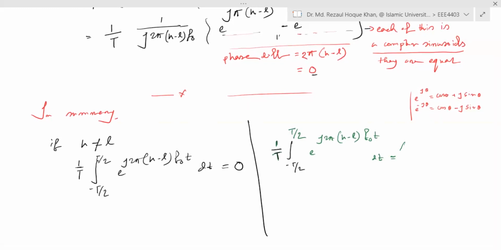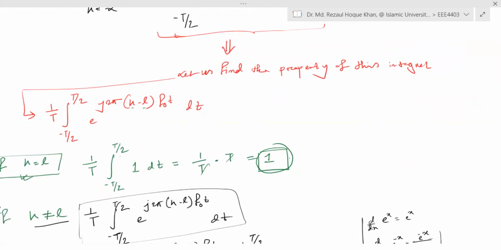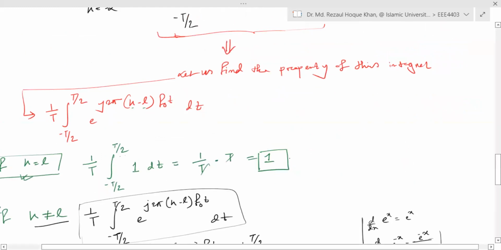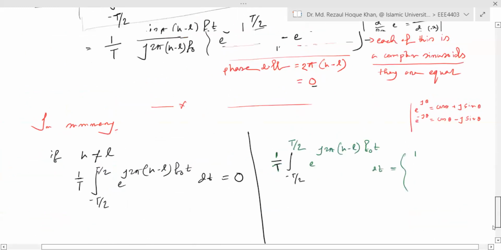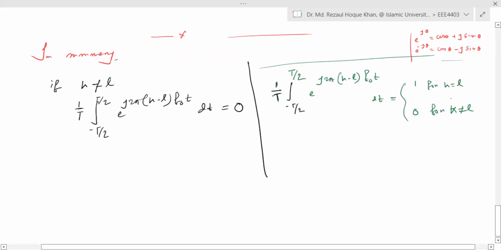This value is 1 for k equal to l, and this value is 0 for k not equal to l. So that's the final summary for this part.